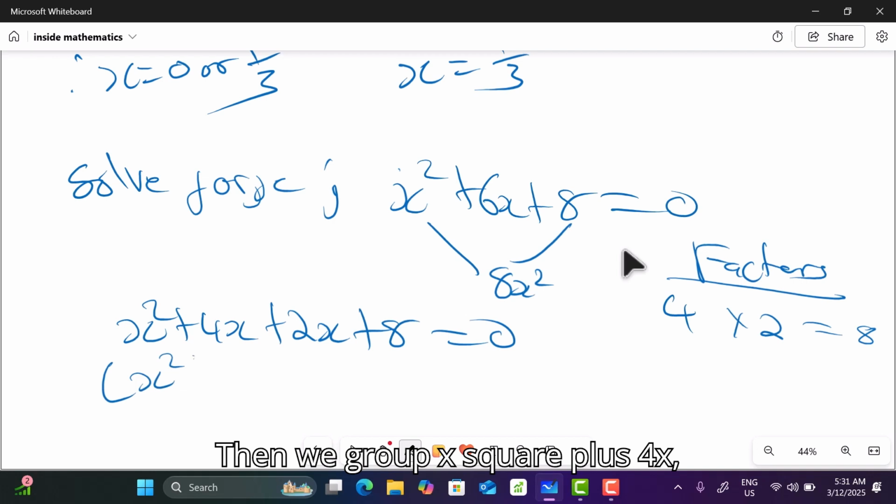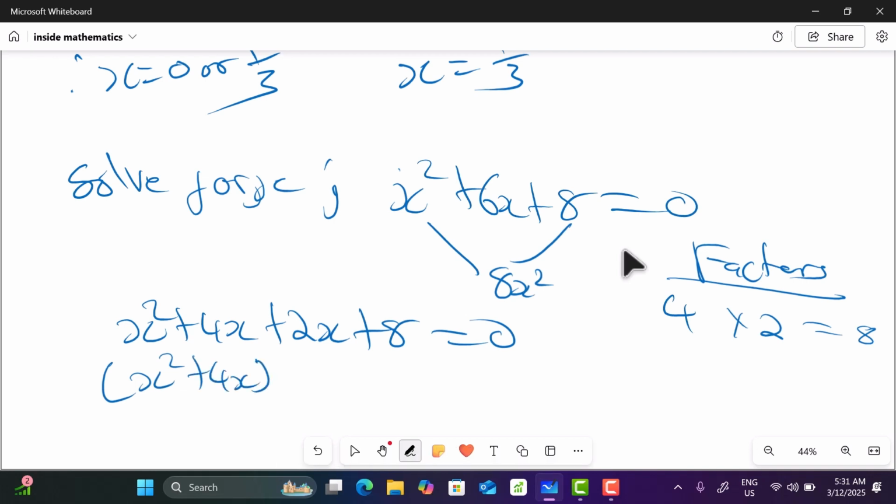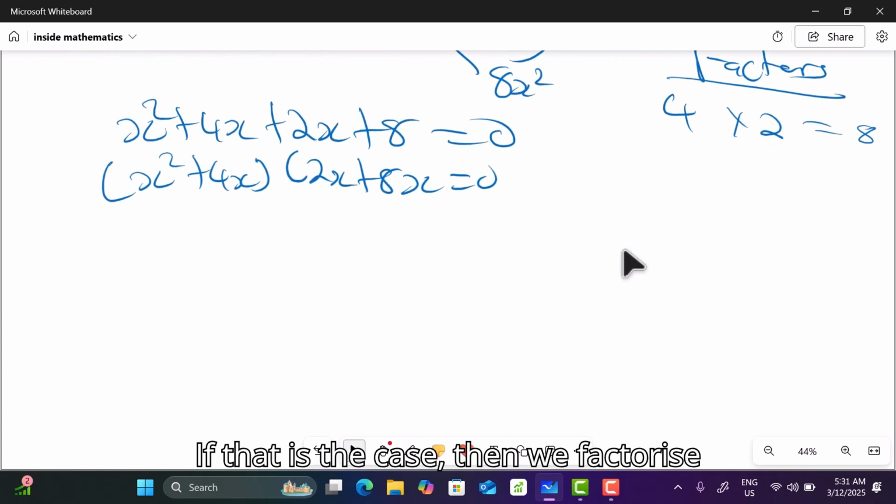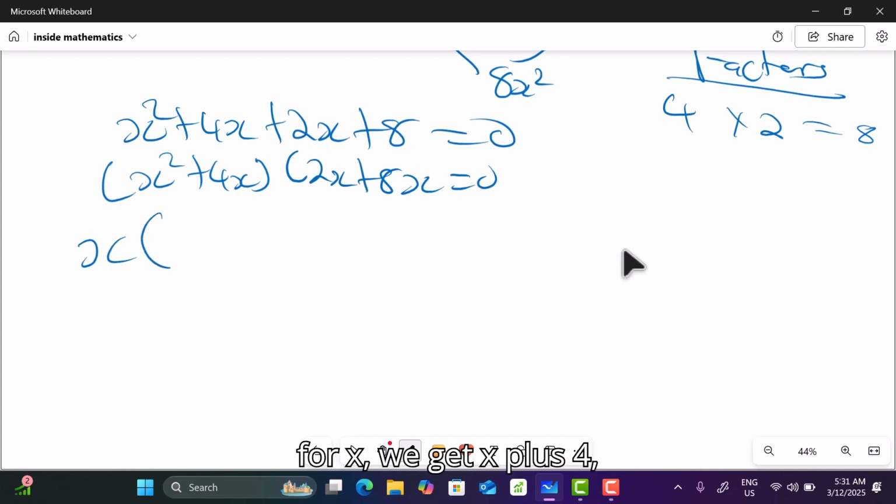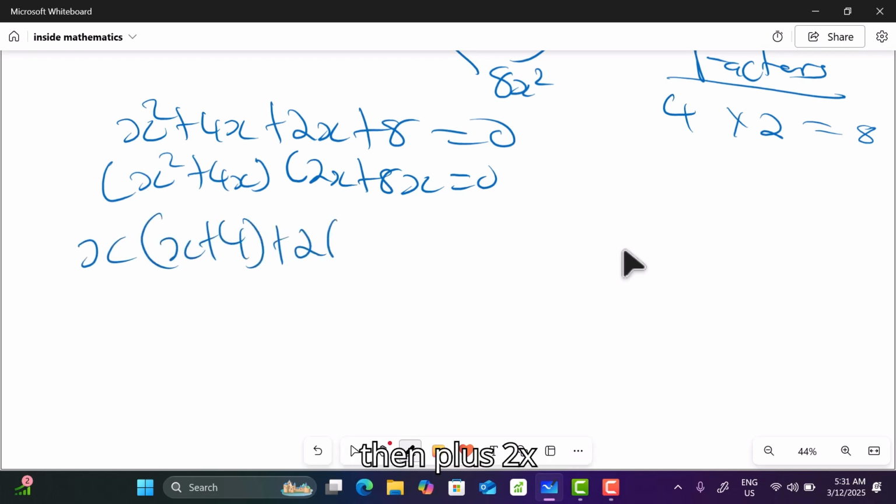Then we group x squared plus 4x, then we group 2x plus 8 equals 0. If that is the case, then we factorize for x. We get x plus 4, then plus 2, x plus 4. Okay, here I made a mistake.